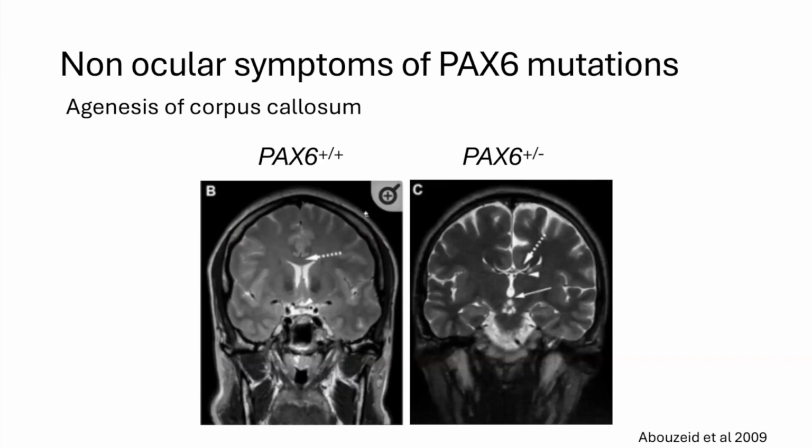Basically, this is the largest axon tract connecting the left and the right hemispheres of the brain. In PAX6 heterozygous patients, we see that this axon tract, the corpus callosum, is either very small or absent. So there are problems with interhemispheric connectivity.